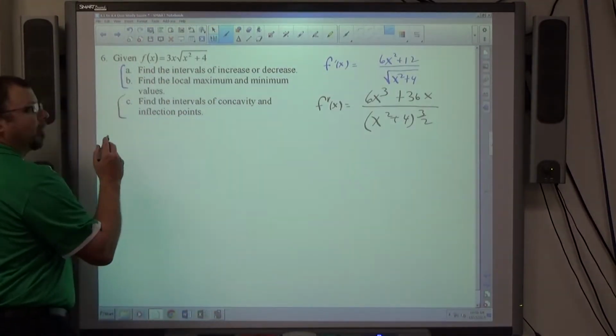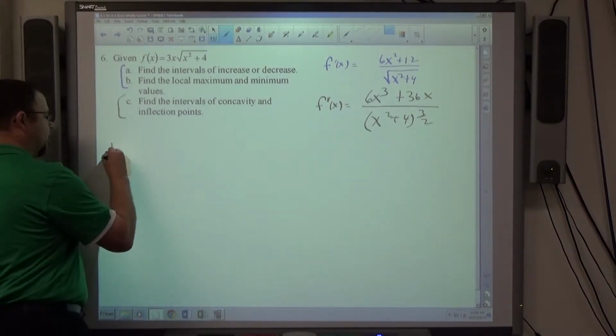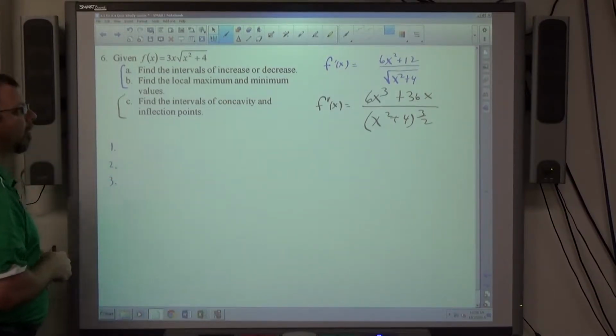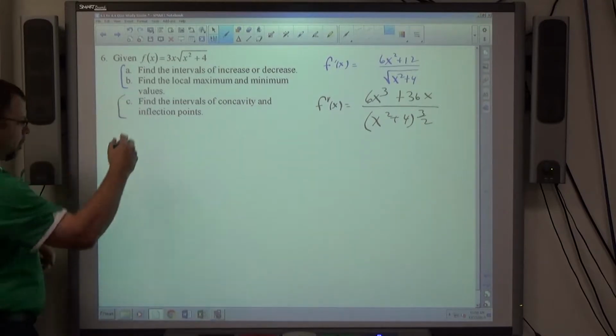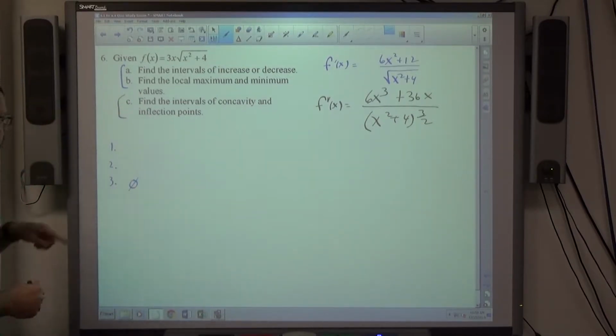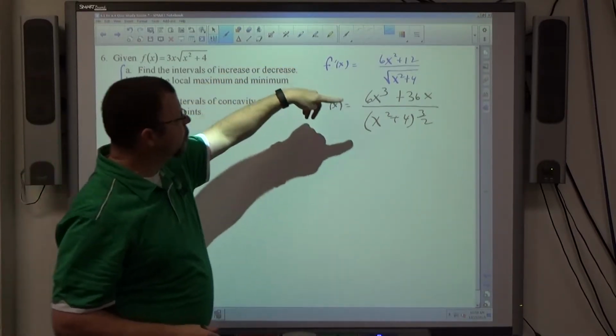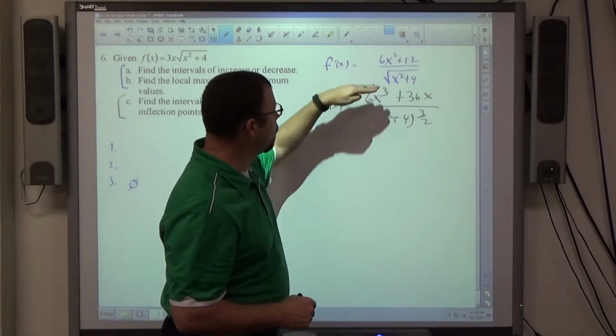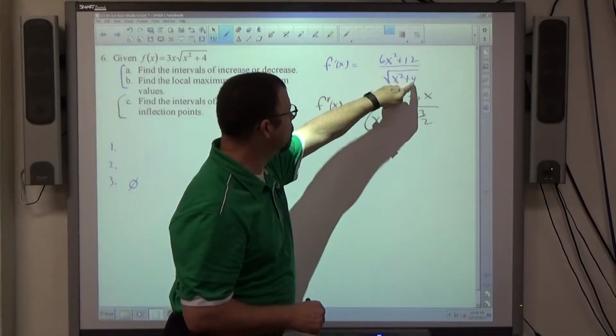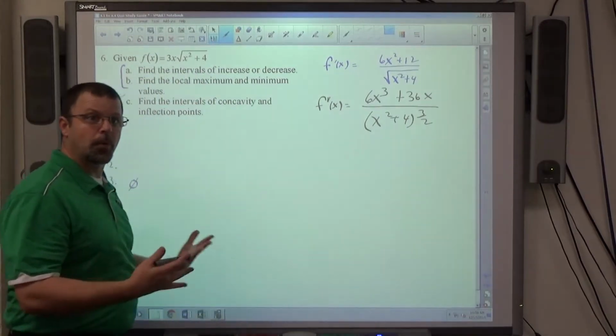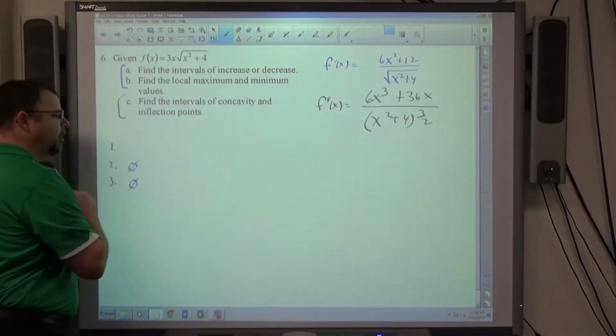So, working with the first derivative, f prime of x, criteria 1, 2, and 3. Let's start with criteria 3. There are no endpoints. Done. Criteria 2. A rational structure is undefined when the denominator equals 0. X squared plus 4 will not equal 0, so the square root of 0 is not going to occur, so there are no undefines.